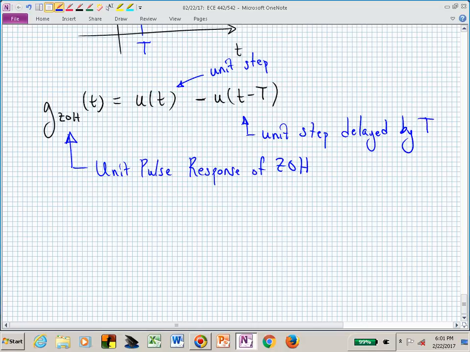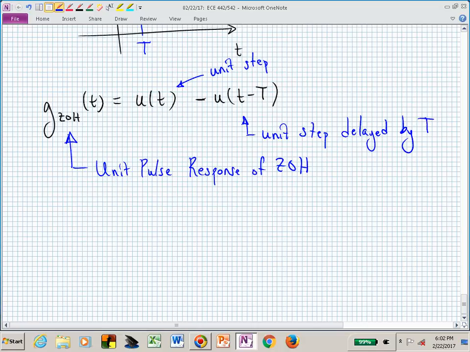As I said, we want to multiply in the frequency domain. We don't want to be convolving in the time domain. That's kind of messy. So let's Laplace transform this little g sub ZOH that we've now represented in terms of fundamental waveforms that we can find Laplace transforms for quite easily. That's why we're trying to describe it in terms of fundamental waveforms.